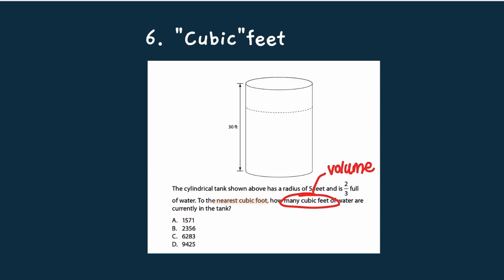So, according to this question, they said how many cubic feet of water are currently in the tank. But in this one, they said it's 2/3 full of water, right? So we need to find the volume of the tank first.